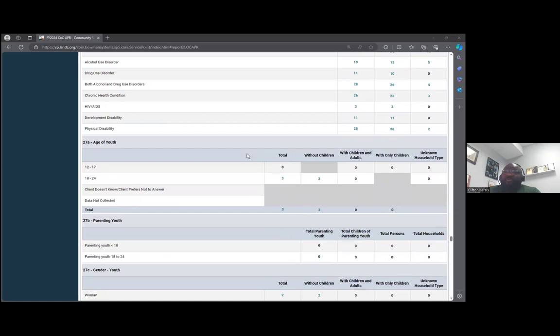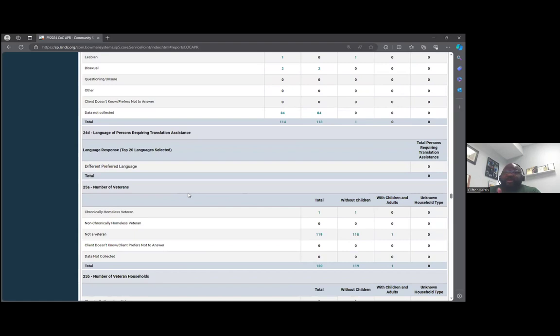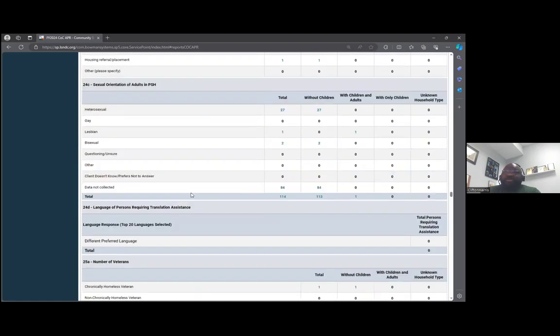So if you have any head of households under the age of 25, it'll populate this section. As long as questions 5 through 24 are correct, it'll auto populate 25, 26, and 27. So you don't really have to review any of that as long as the rest of it is together.